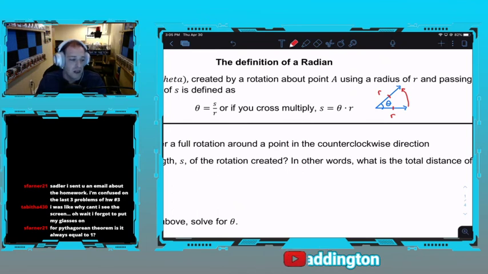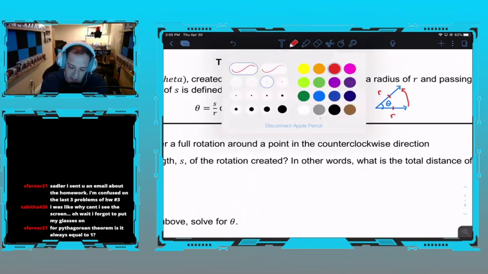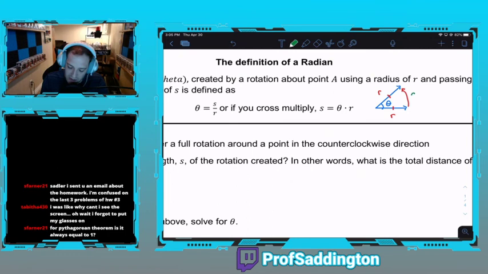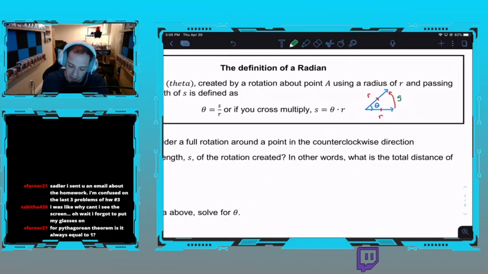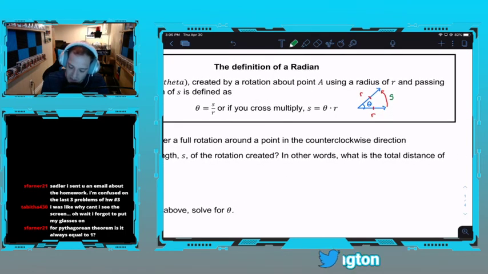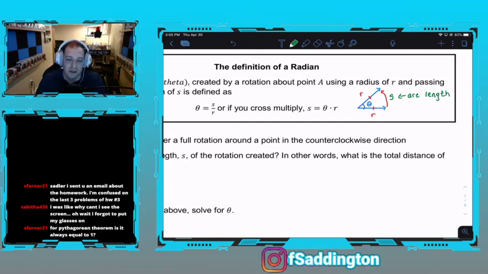Today we're going to be talking about a new piece, and it's this part out here. This is known as S. S is going to be known as something called the arc length. I have no idea why they use the letter S for this. Some famous mathematician chose to use S, I guess, so we'll just leave it at that.